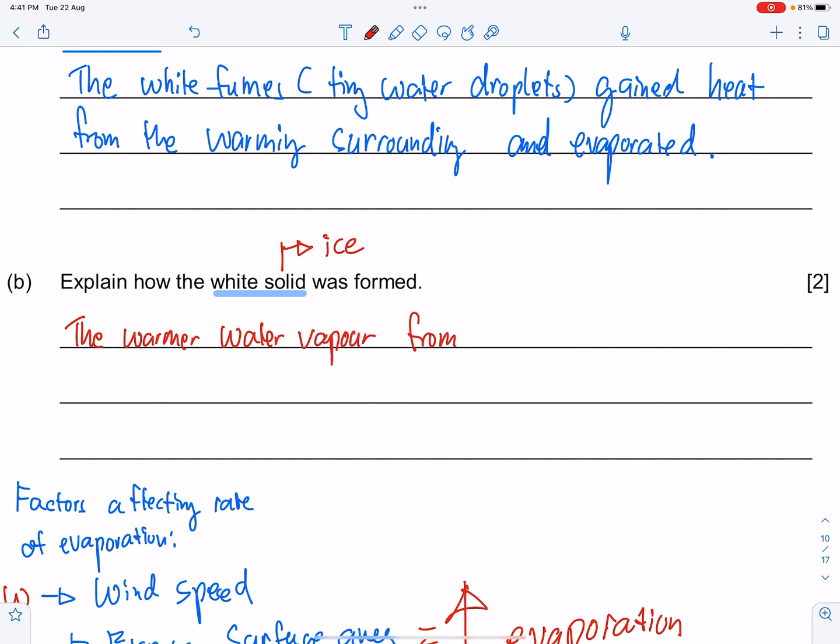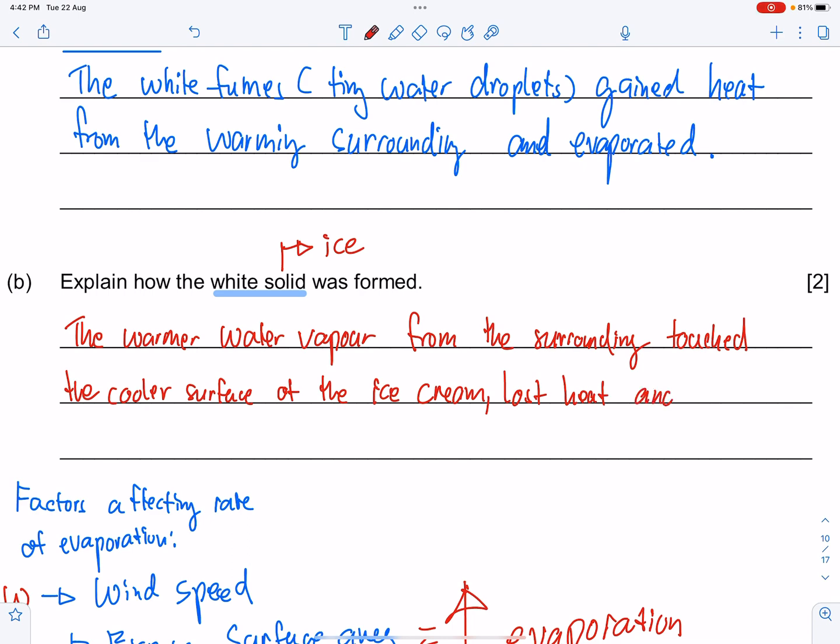So the warmer water vapor from the surrounding touched or came into contact with the cooler surface of the ice cream, lost heat and condensed into water droplets.